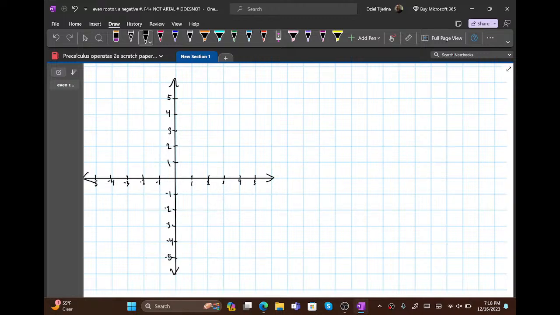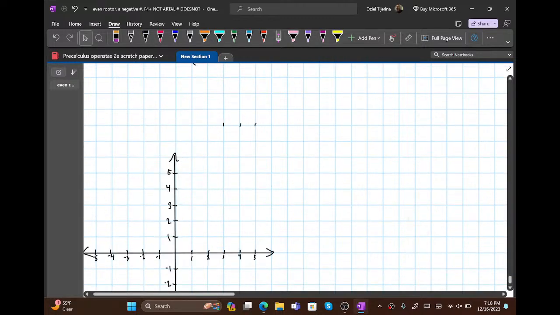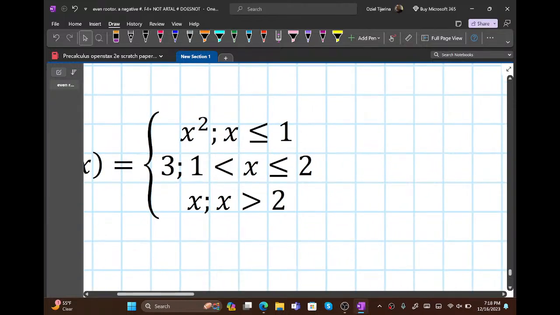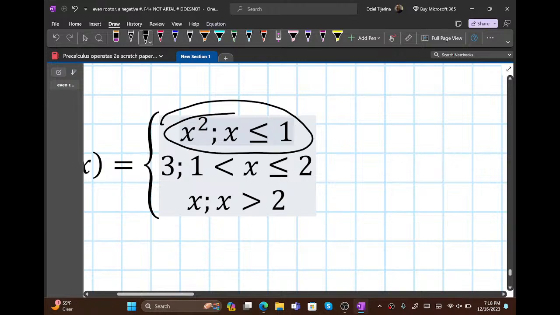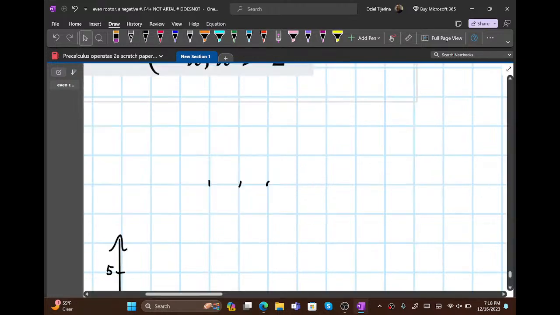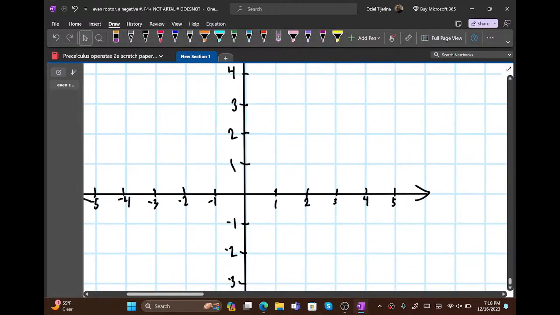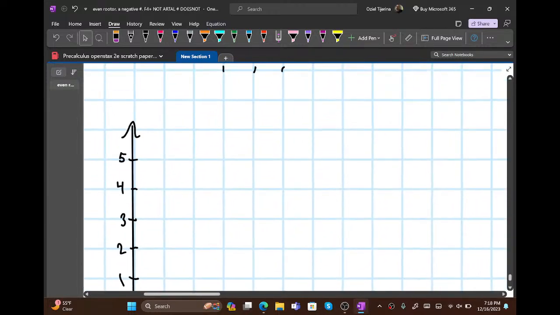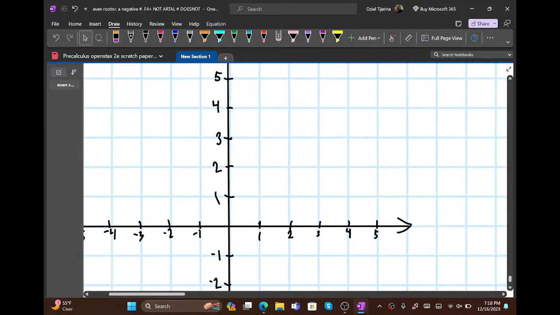Now let's look at the first restriction for this piecewise function. We have x squared such that x is less than or equal to 1. So what that means is, for the first function, I am going to go from 1 to the left.